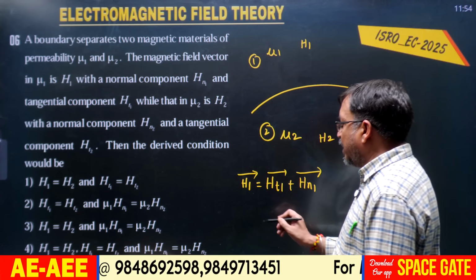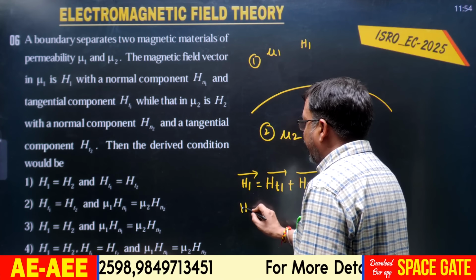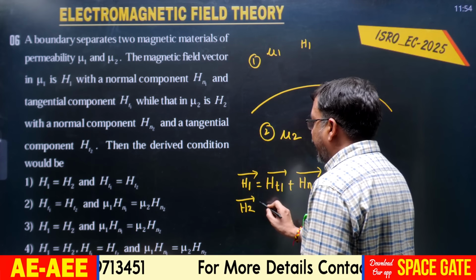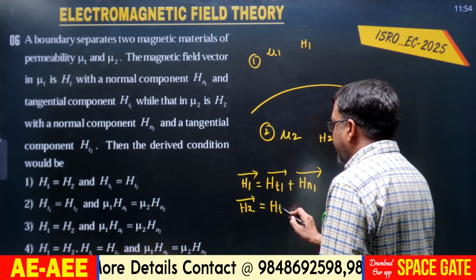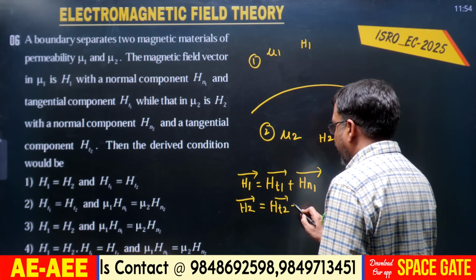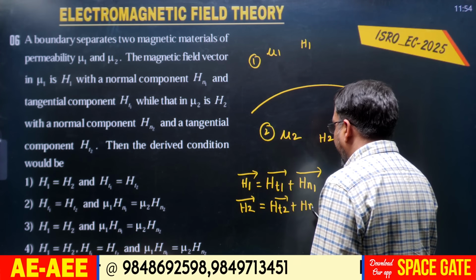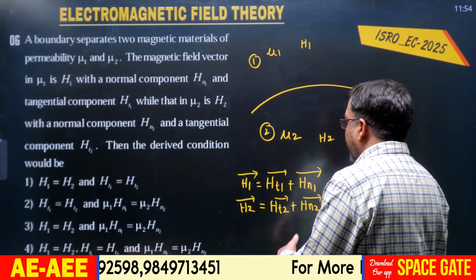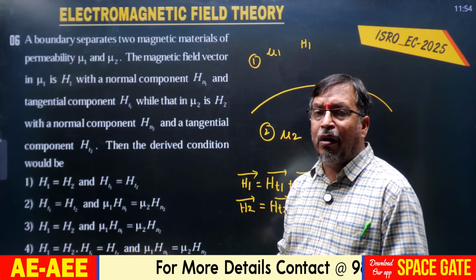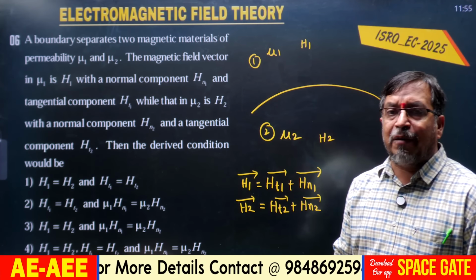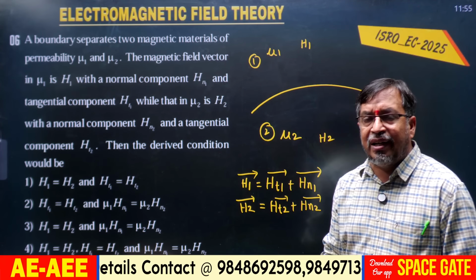Similarly, in medium 2, the magnetic field intensity is H2, which again from the decomposition concept equals HT2 plus HN2. HT2 is the tangential component of magnetic field intensity in medium 2, and HN2 is the normal component of magnetic field intensity in medium 2.